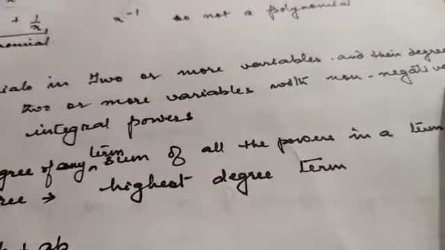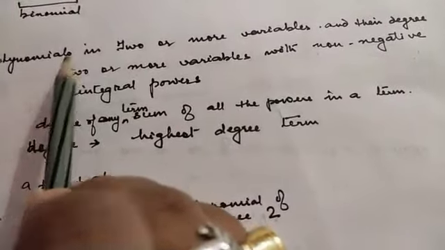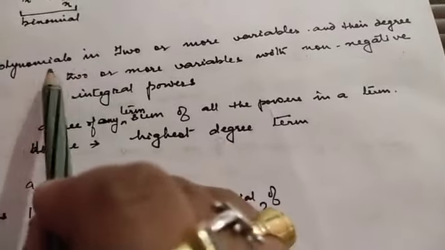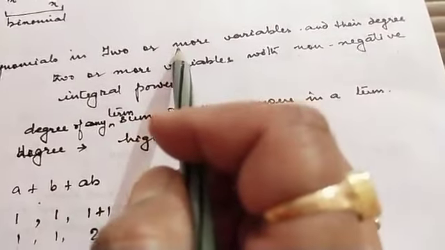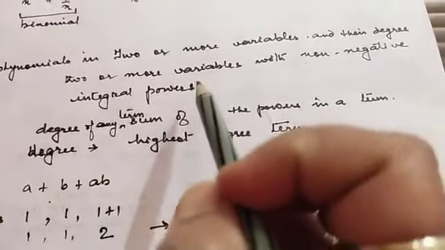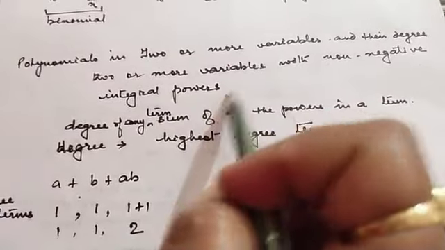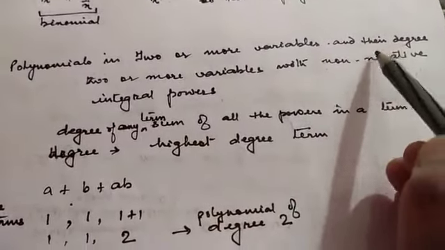Then next, polynomials in two or more variables and their degrees. These are algebraic expressions which have two or more variables with non-negative integral powers. That means they have non-negative integers as their power. And what is the degree?